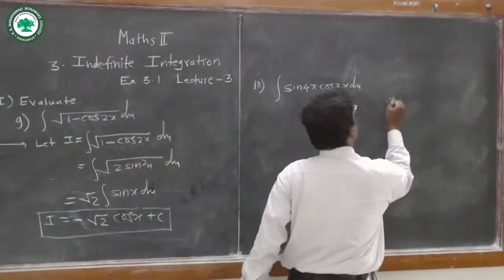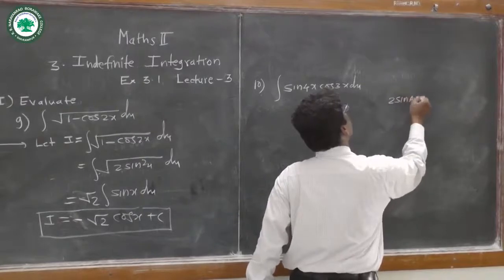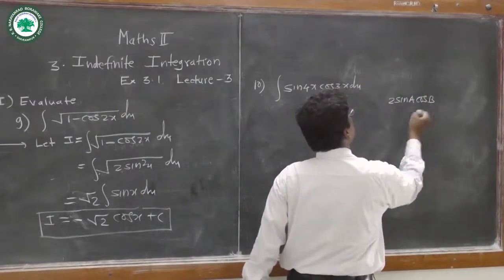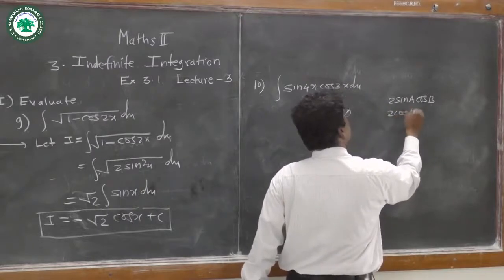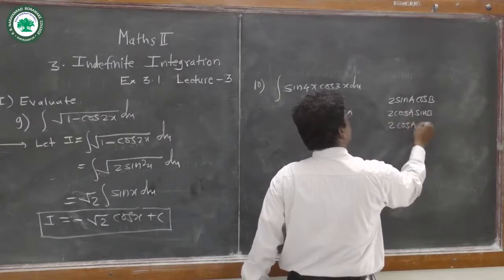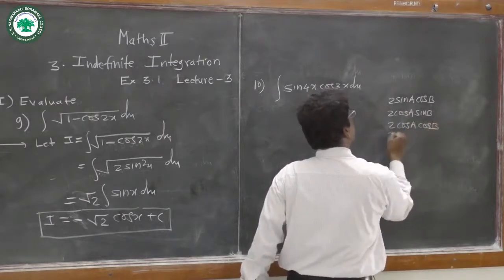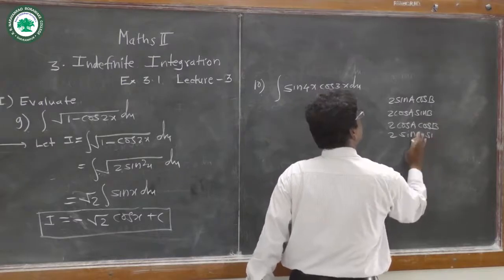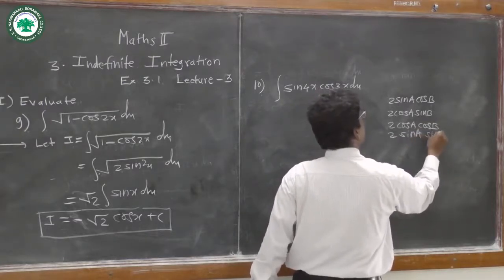Here the formulas are 2 times sin a cos b, 2 times cos a sin b, 2 times cos a cos b, and 2 times sin a sin b.